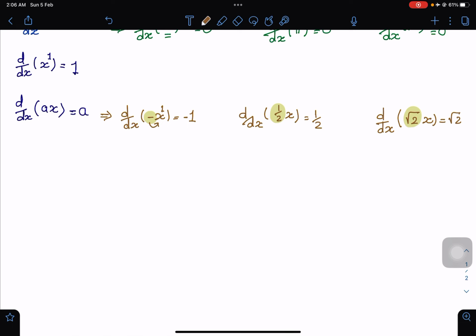Another rule. If I asked you to find d over dx, the derivative of x power a number, the rule said drop the number and put x, then make the power minus 1.